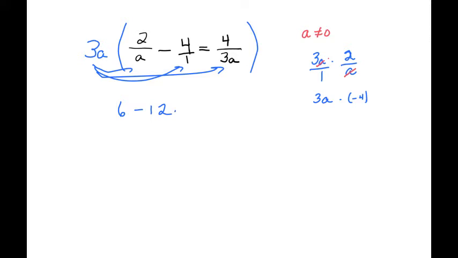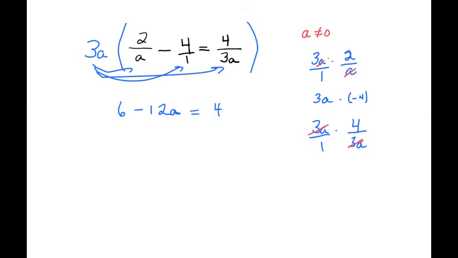And then finally 3a multiplied by 4 over 3a. The 3a's would cancel, leaving you with just 4.